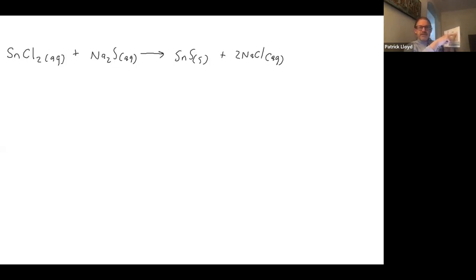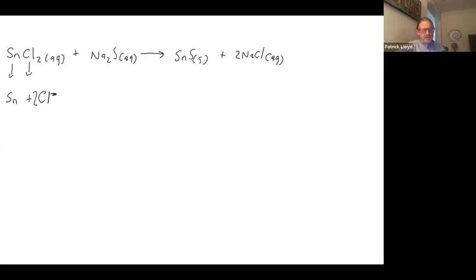It has different possibilities. So what we're going to do is come over to the chloride. Chloride is in group 7A. Element number 17, chlorine, group 7A. 7A is -1. So we don't know what Sn is, but we know the chlorine is -1. How many chlorines are there? There's 2.